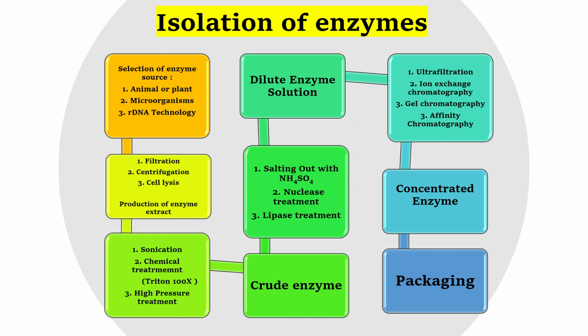Now, I will give you unique examples to make this clearer. For example, say we have an enzyme present in the cell of an animal, plant or microbe, such as zymase, which is present in yeast, and we want to extract it.